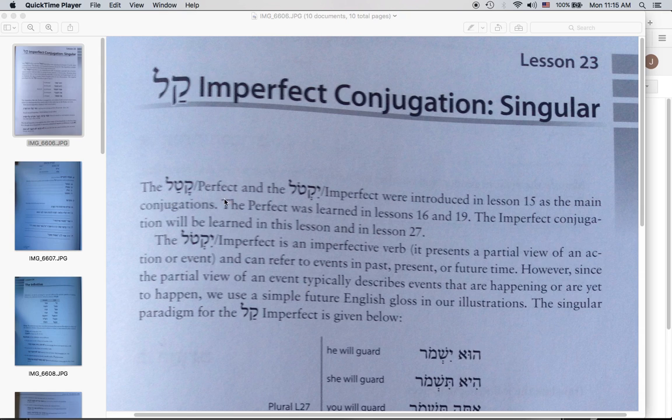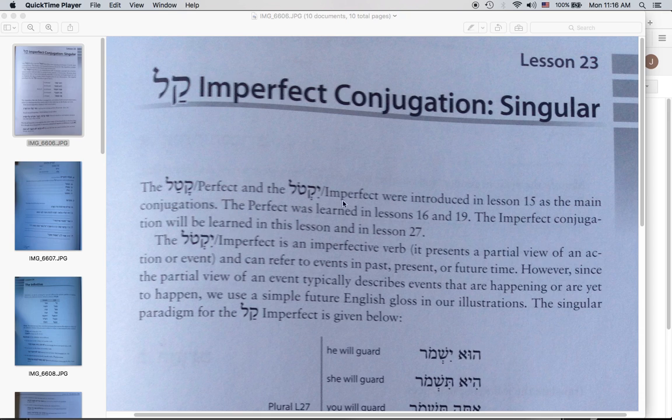So the qatal, or the perfect, and the yiqtol, the imperfect, were both introduced in lesson 15 as the main conjugations. This was the lesson where we did the overview of the verbal system, where we talked about the different ways that Hebrew uses verbs to make meaning of language.